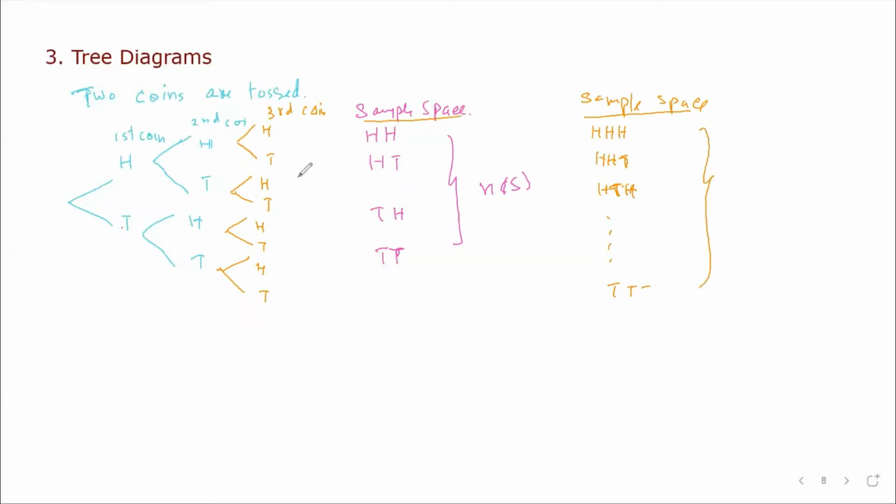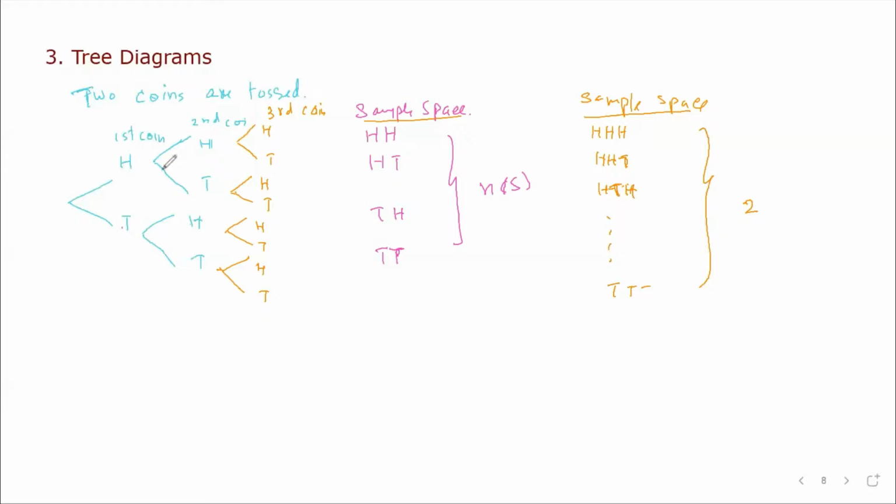Because there are 3 coins, we can use the counting principle we learned, right? So how many total do we have? Because head and tail, the base is 2.